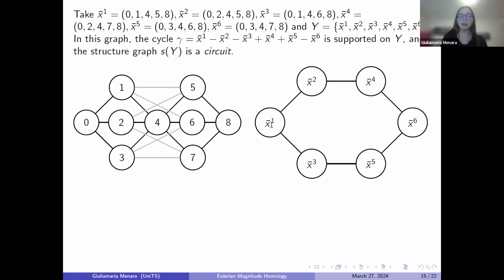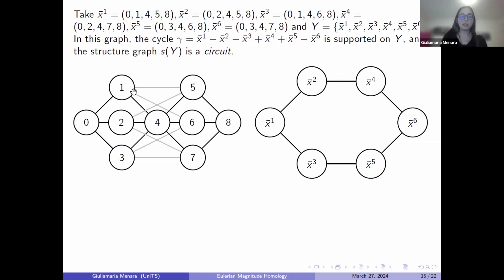Well, the way to build it, theoretically, is to start with one tuple in the collection, and then change one vertex in this tuple, and then go on and on by changing only one vertex at a time, and this is going to produce a circuit.